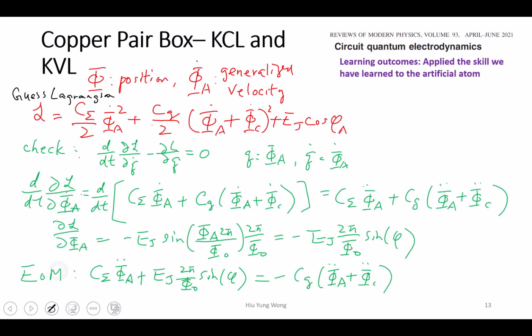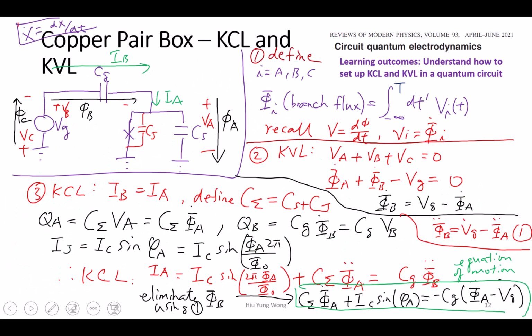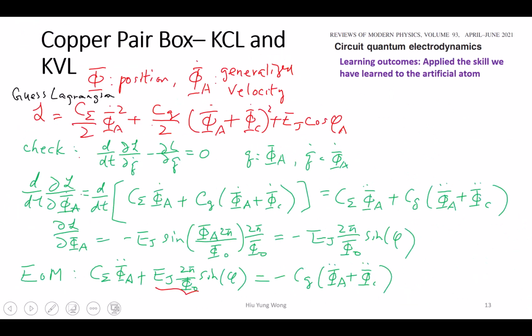Now, what is EJ times this term? This term turned out to be IC. If you forgot, look at this equation again.